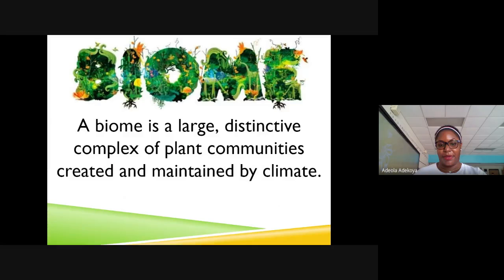So what is a biome? I'd like for you to write this down. A biome is a large, distinctive complex of plant communities created and maintained by climate. Please make sure you're writing right now.